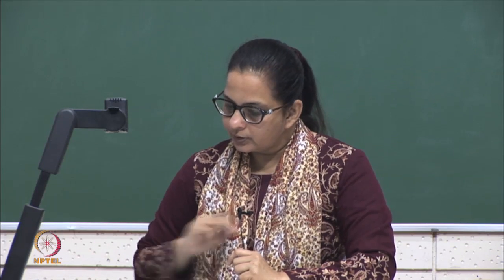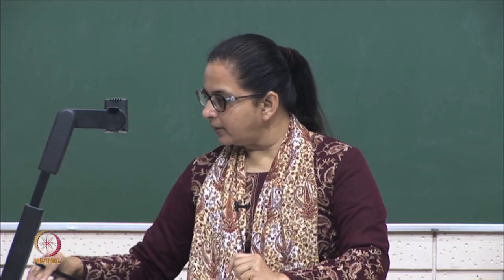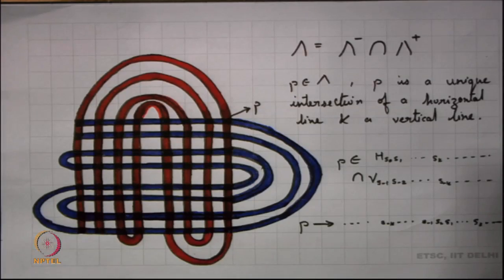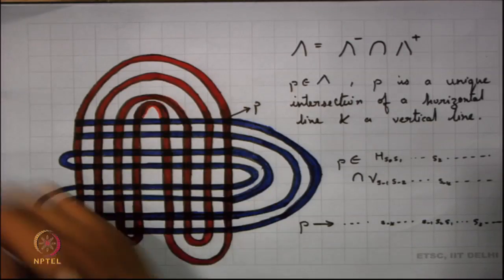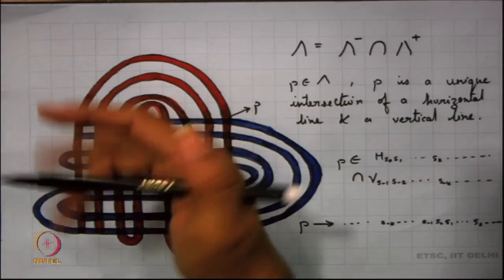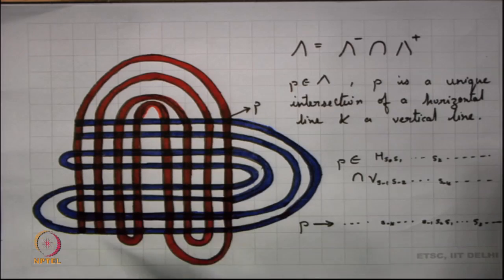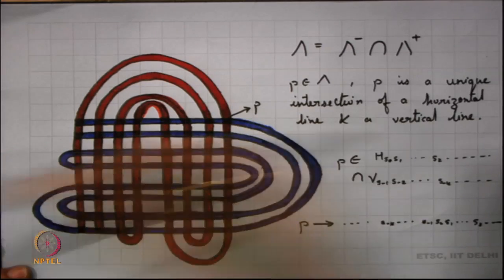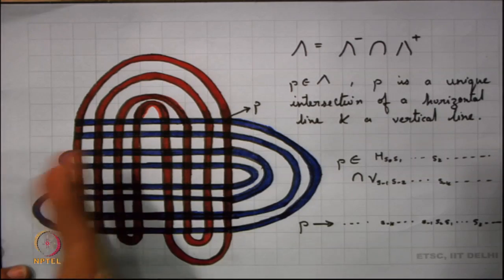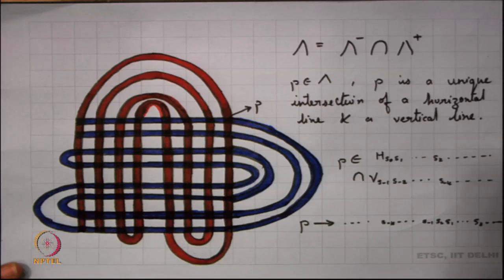On the horseshoe attractor, let me again come back to this figure. I am looking at this picture again and trying to imagine what happens at infinity. At infinity we have infinitely many vertical lines and infinitely many horizontal lines, and we find that each point of intersection is associated with a sequence.